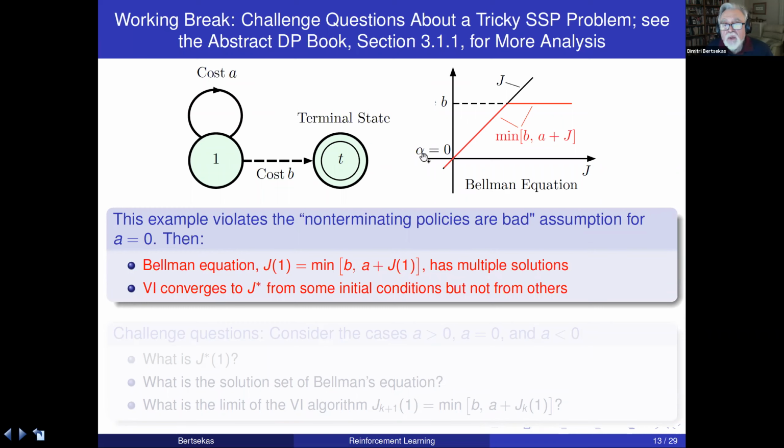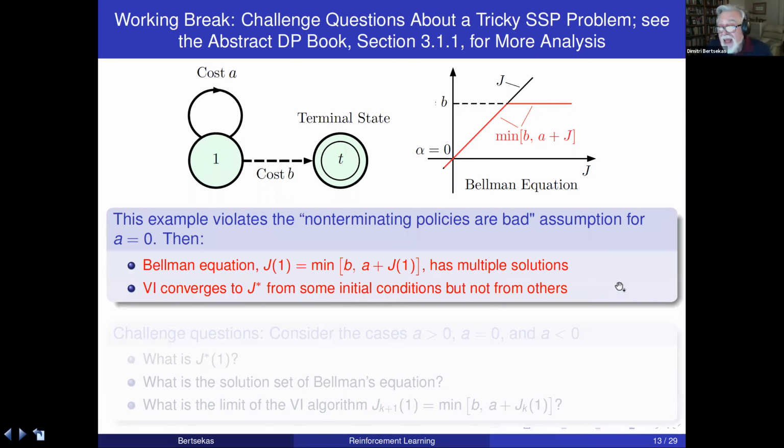J star is equal to A here, if B is positive. If B is negative, then it is B. It's evident, however, from this figure that the value iteration converges to J star from some initial conditions, but not from others.